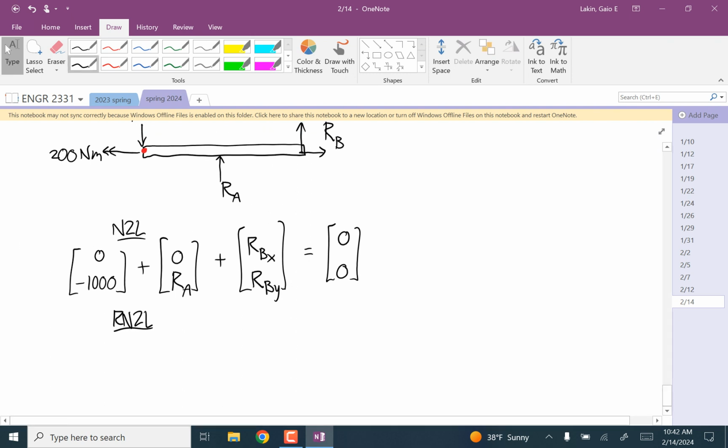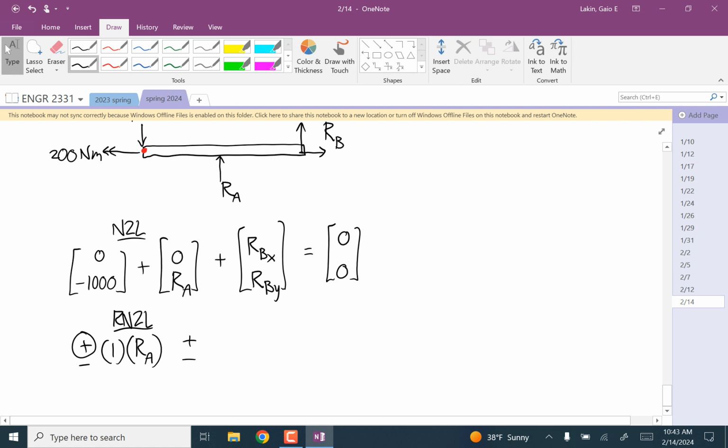So we have the moment from RA. It has a moment arm of 1, a force of magnitude of RA. And would that make it rotate clockwise or counterclockwise around that about point? Counter, yep, so that's positive. And then we have plus or minus. Only the y component of this is going to produce a moment.